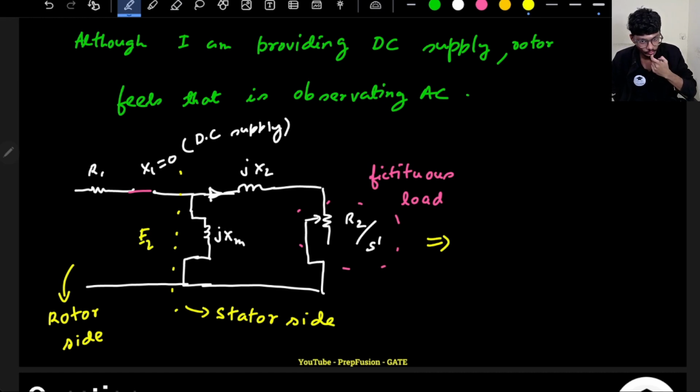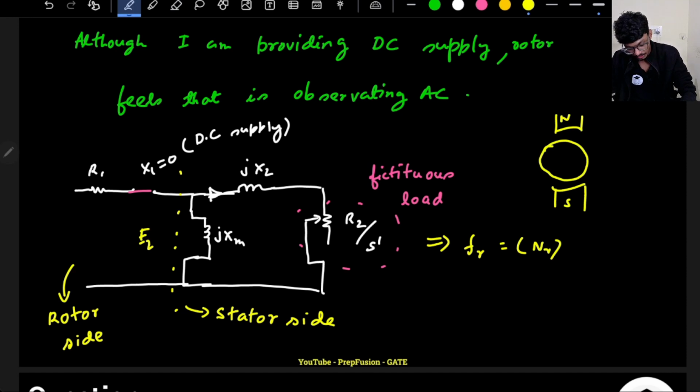So again I can equate the same thing. The thing is, my induced EMF frequency FR will be equal to the relative speed between the stator and the rotor. Now what is the relative speed between the stator and the rotor? It is NR. I hope you understand, because my poles are stationary now.